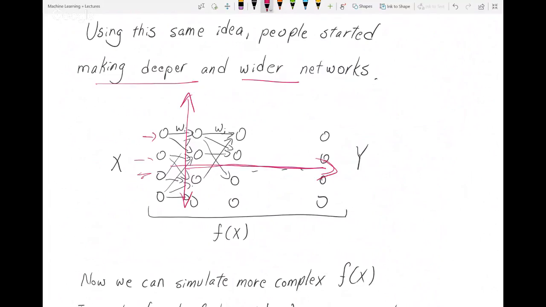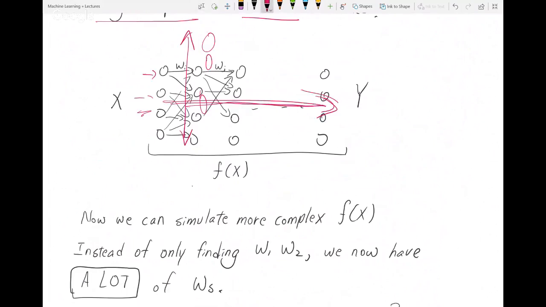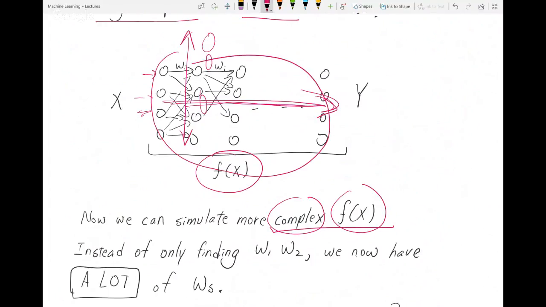If you don't have that many inputs, the inner layer could be very, very wide. Making it larger and larger, we can start simulating very complex f of x. This could be very complicated. And with complex neural networks, we're able to essentially mimic what we're doing.